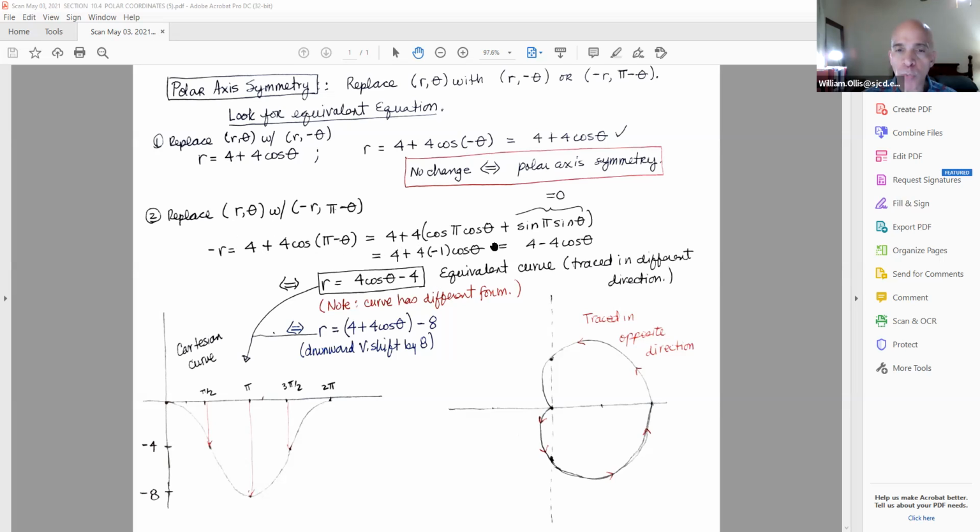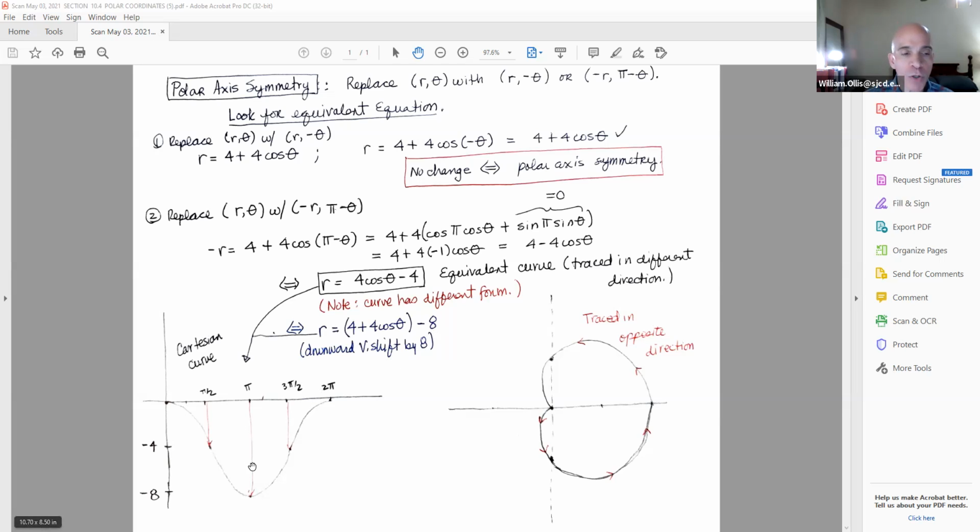And so when you do the arithmetic here, we think of this like we do in college algebra when we're doing the Cartesian graph. What I did is rewrite this where it's basically a vertical downward shift, like you say in college algebra, by 8.